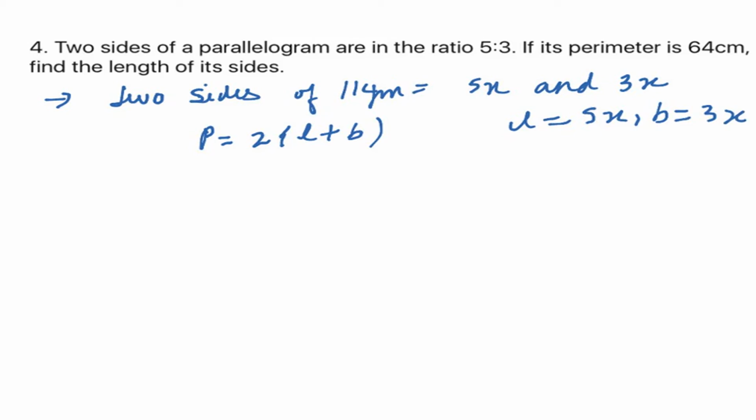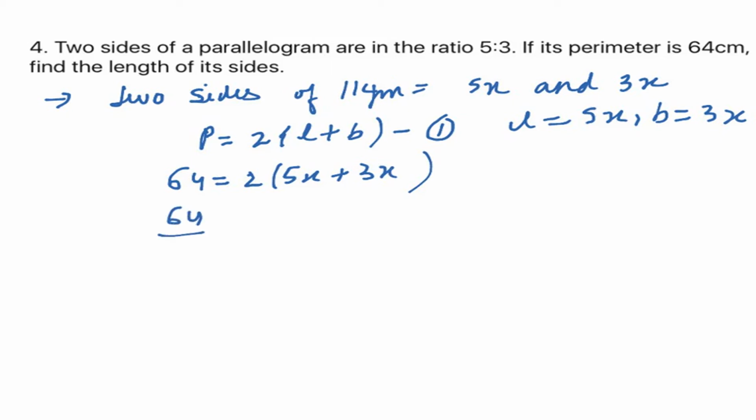Now we can substitute these values in this equation 1. Perimeter, how much have they given? 64. 64 is equal to 2 times (5x plus 3x). Now we can take this 2 to the left hand side in the denominator.